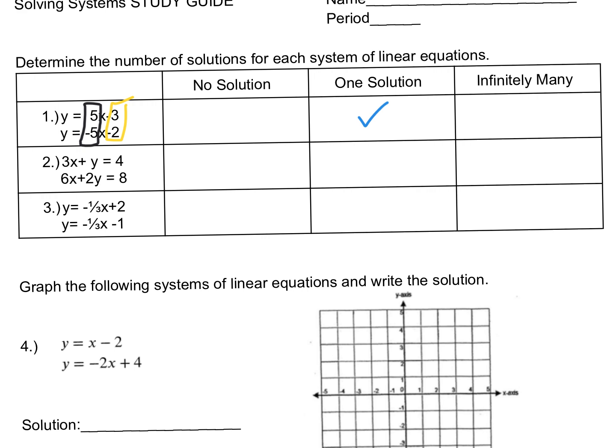Also, if I did the opposite, and I took this equation and I divided all 3 terms by 2, then 6 divided by 2 would become 3x, and 2 divided by 2 would become 1y, which is just y, and 8 divided by 2 would become 4.